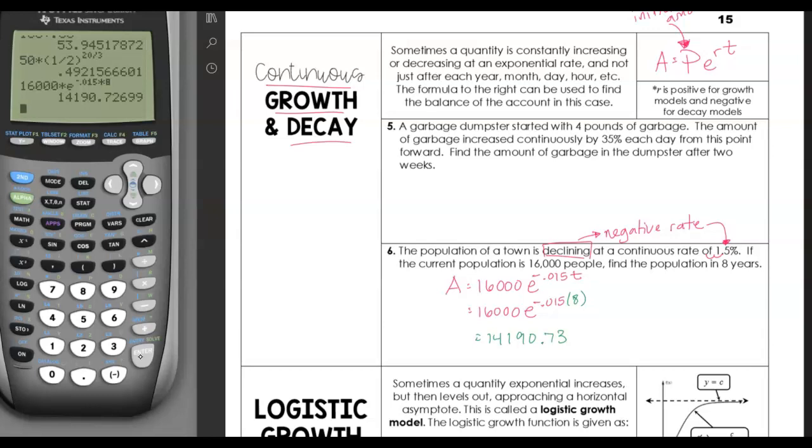Yes, we round down when referring to people. That pregnant woman hasn't given birth yet. We're not going to get into life debates, but we can't count that as a person, all right? So we have 14190 people.